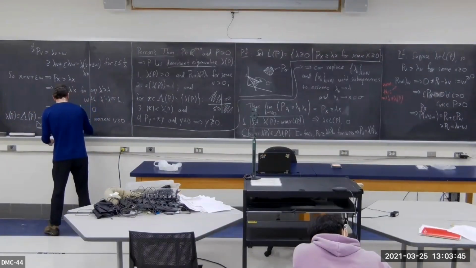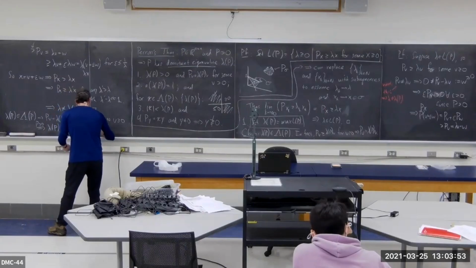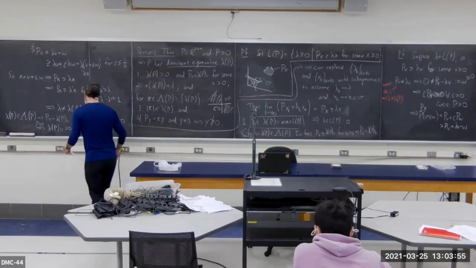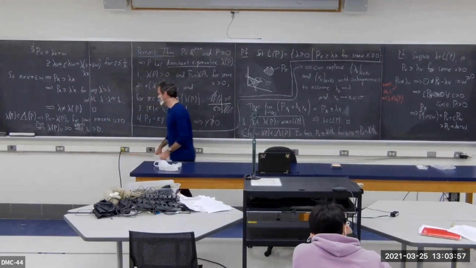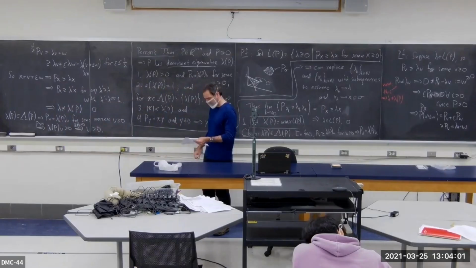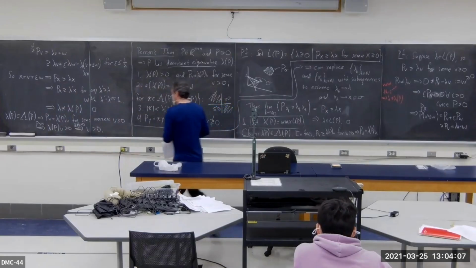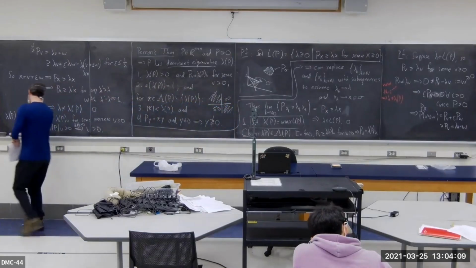And that's because, again, lambda of p is itself bigger than 0, that implies that v itself is bigger than 0. Right. Okay. All right, so that's one.